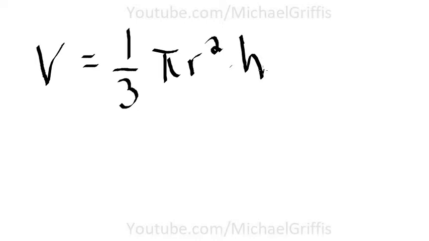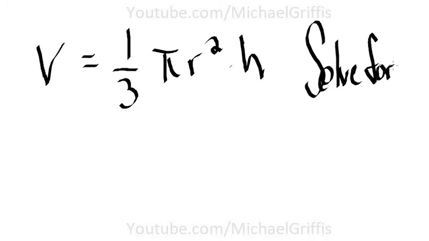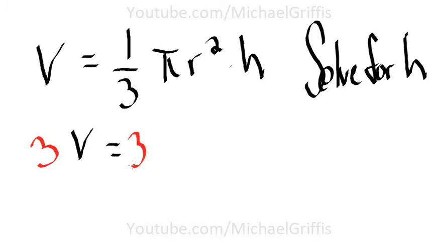Okay, and we want to solve for, what do we want to solve for in this problem? H. Solve for h again. What do we do? Multiply both sides by 3. That'd be the reciprocal of 1/3. So let's just go ahead and do that.